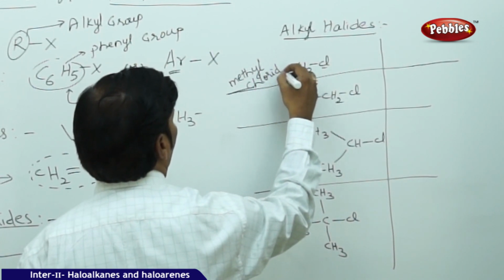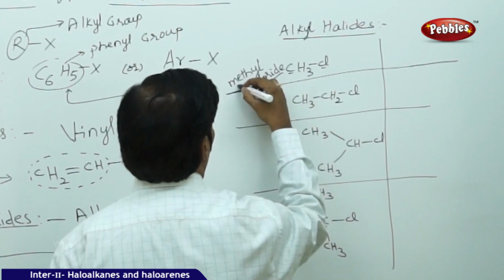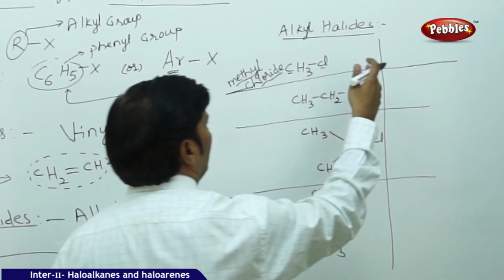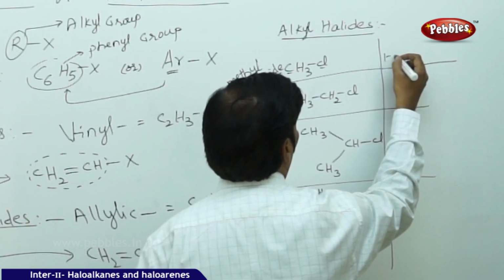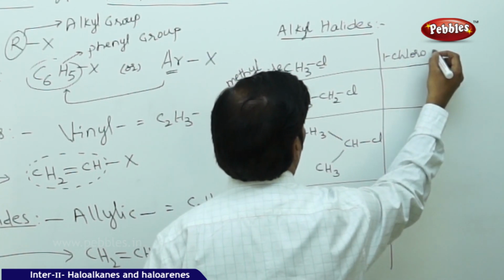Indirectly we are speaking about the nomenclature of alkyl halides. If you want to write the IUPAC name, this is chloromethane.